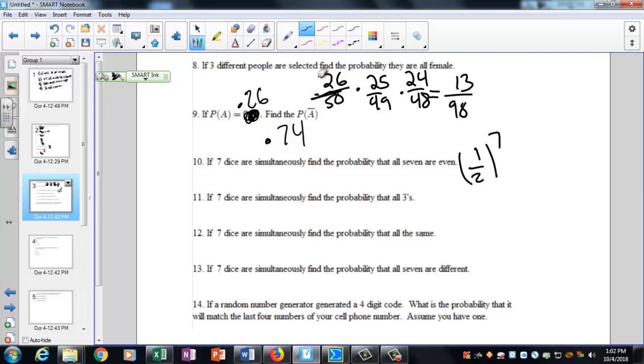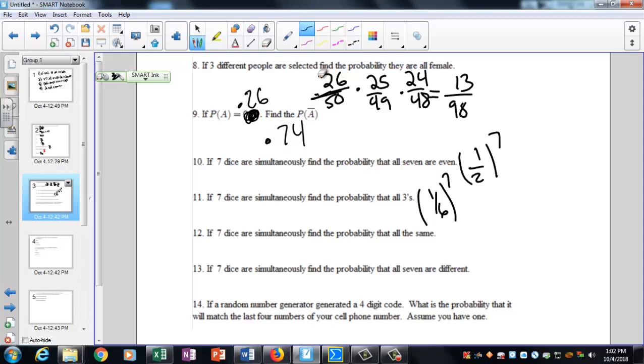That's part of being independent. Okay, it's called the multiplication rule. What's the probability that all 7 of them are 3s? That would be 1 out of 6 to the 7th power. Are we good?